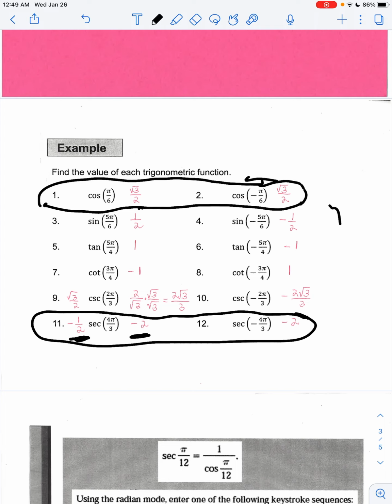All of the rest of the problems here are odd functions: sine, tangent, cotangent, cosecant. Except cosine and secant, everything else is odd. So like in number 3, when you find the sine of 5 pi over 6, the value is 1/2.